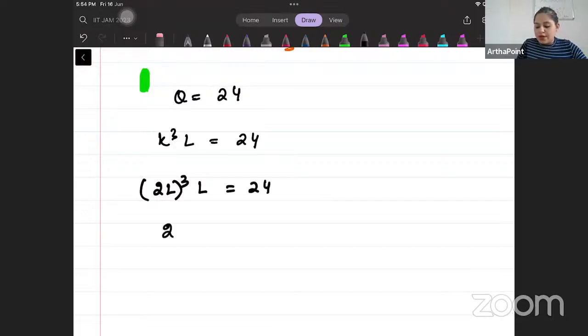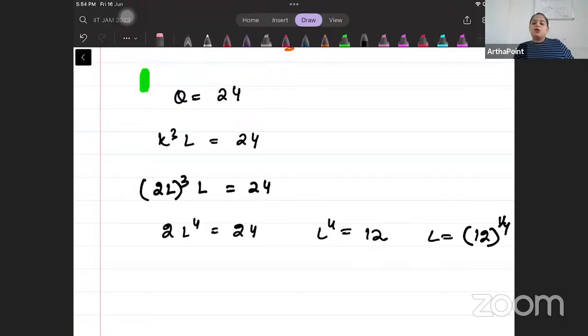So 2L to the power 4 is 24. So L to the power 4 is 12. So L will be 12 to the power 1 by 4. This is the amount of equilibrium labor that you will be using. I hope this is clear. We went step by step and we did all the steps in this case.